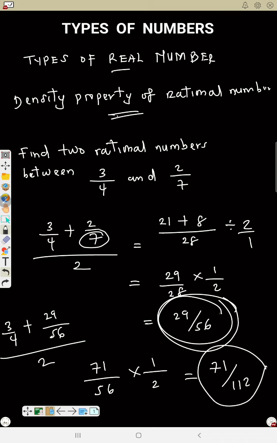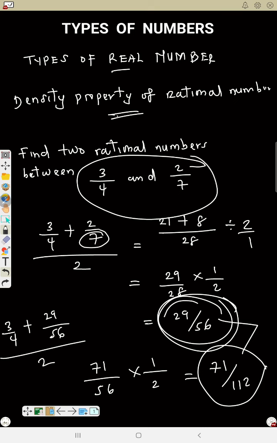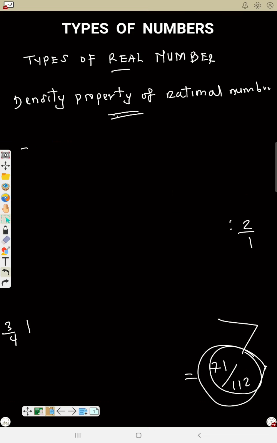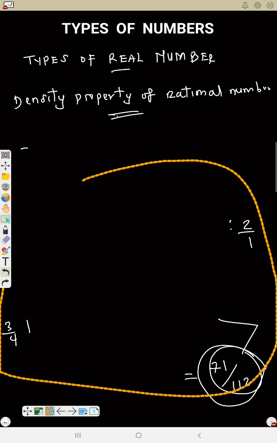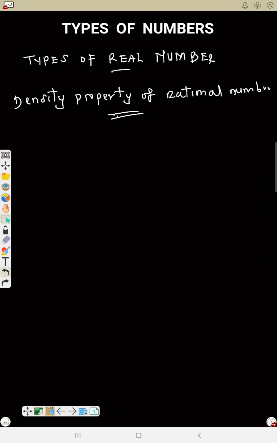That means the two rational numbers between this and this are 29 over 56 and 71 over 112. We can have as many as possible, but I'm picking these as my own. But that is the technique of finding rational numbers between any two rational numbers, because between any two rational numbers we can have infinite rational numbers.